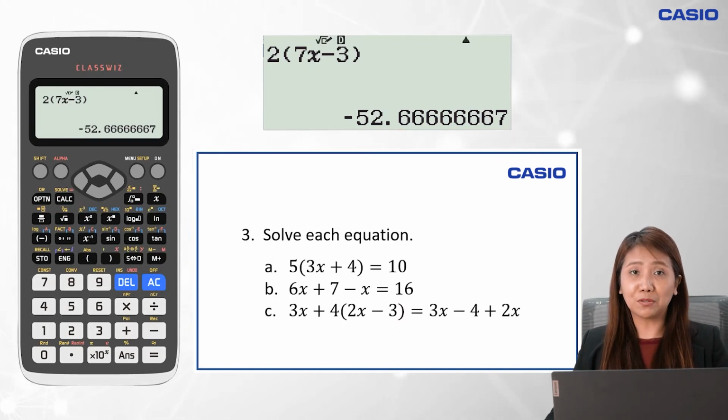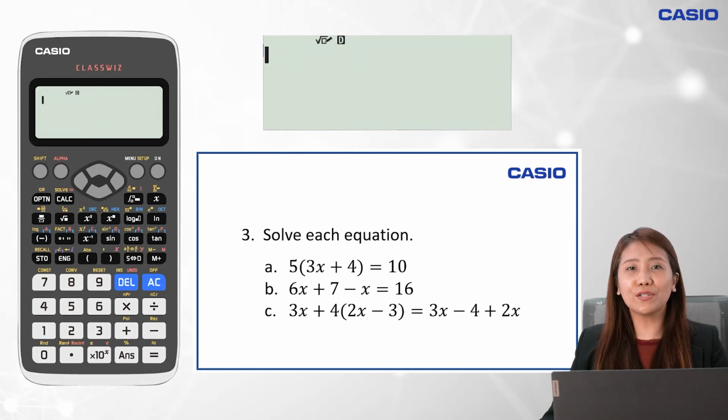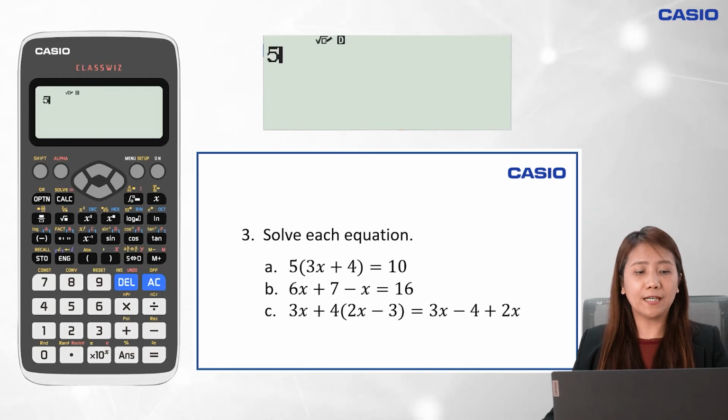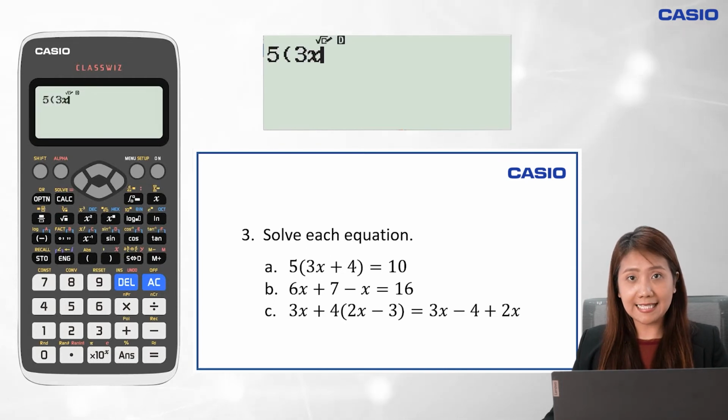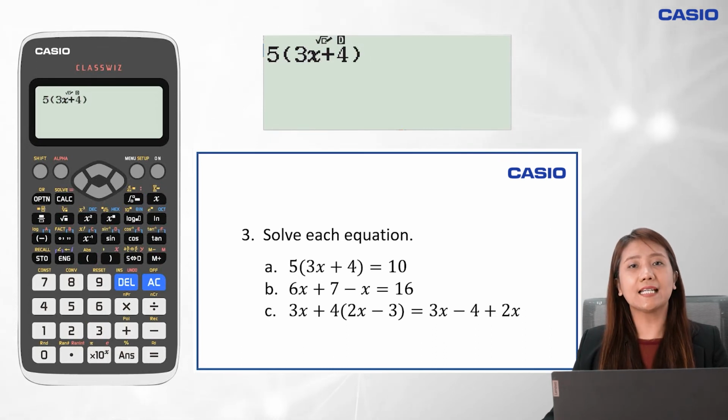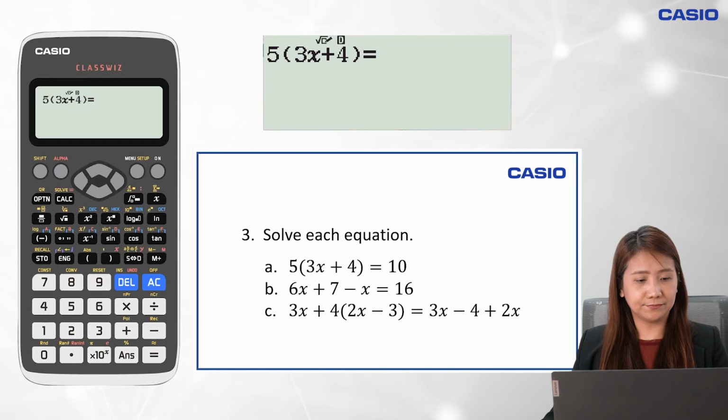Let's have another example. This time, let's solve each equation. To solve the first equation, we input the first side of the equation by pressing 5, open parenthesis, 3x plus 4, close parenthesis, alpha calc for the equal sign, then input the second side of the equation, which is 10.